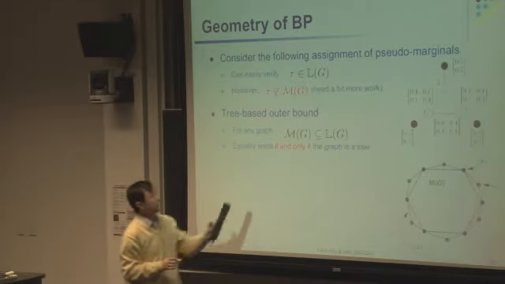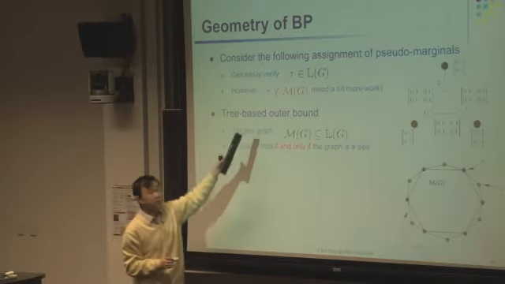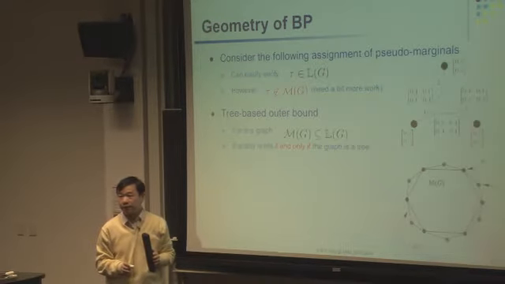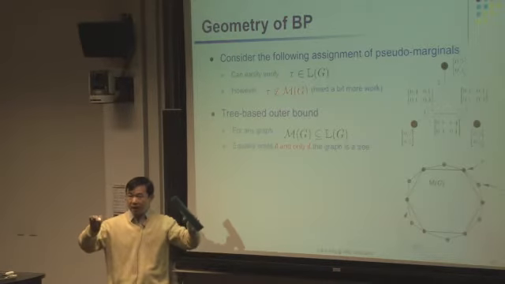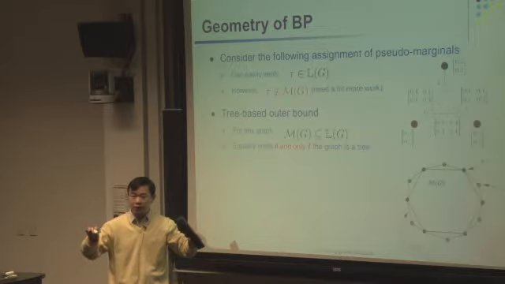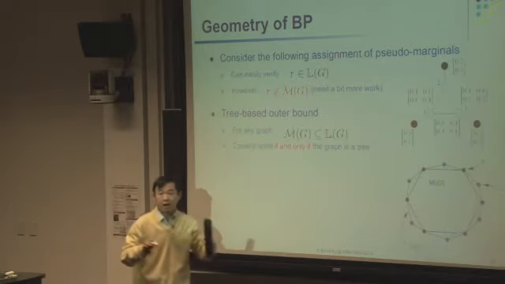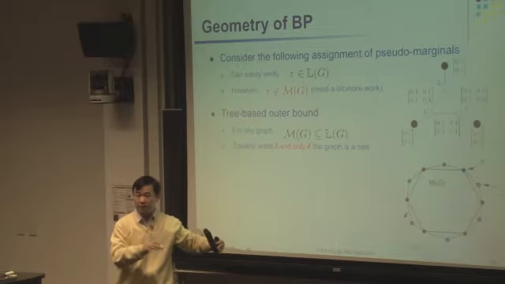Well, first of all, we realize that this one, L of G, is not the same as the M of G. Why? Because it is defined only on local consistency, and in an arbitrary graphic model, local consistency does not necessarily lead to global consistency. So therefore, in that space, there are more distributions which may be invalid in the original sense.